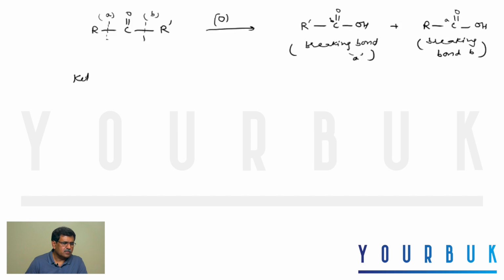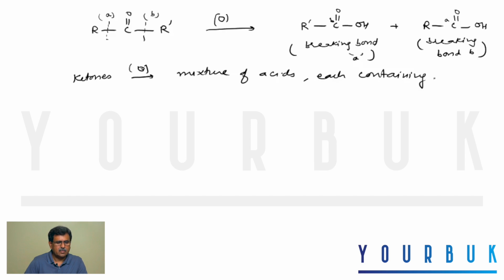So ketones on vigorous or strong oxidation give a mixture of acids, each containing a lesser number of carbons than the parent ketone.